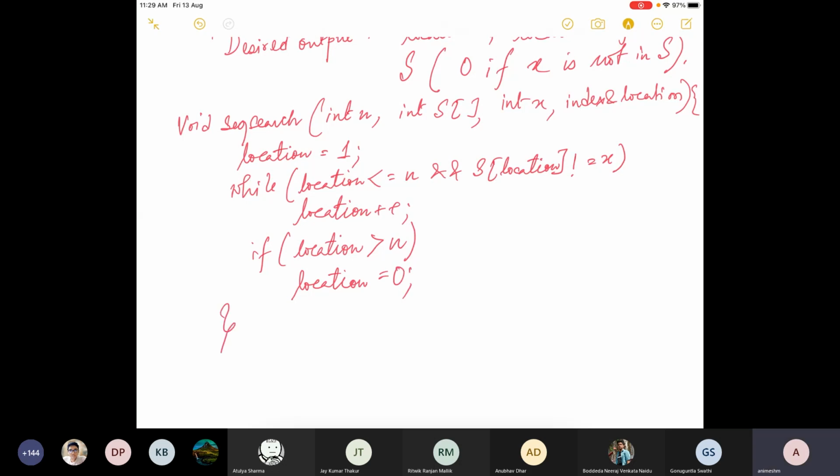Since we are directly dealing with pointers, we are not returning the location value. We are setting the variable directly here.